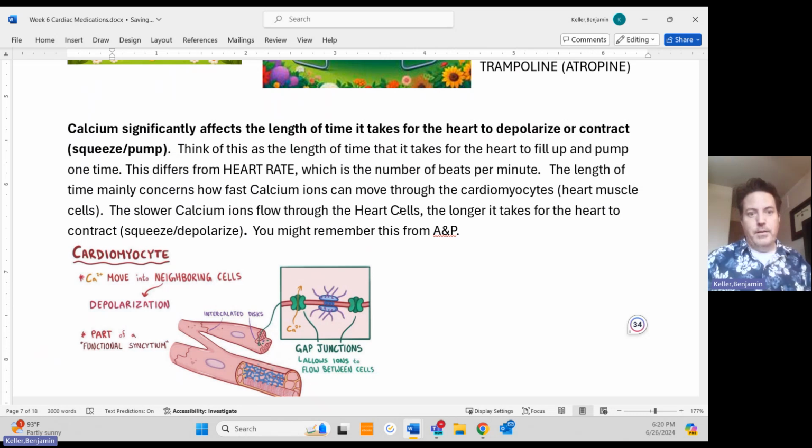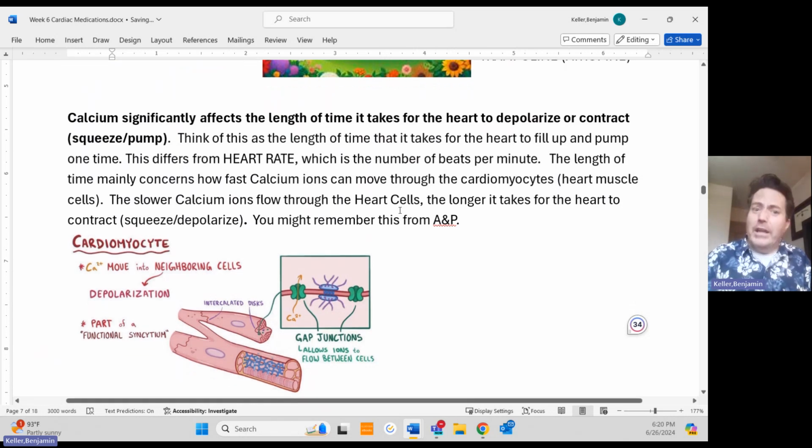That's what we're talking about here, is that pathway. How fast does that pathway work? If it goes too fast, then we can have things like VFib and other types of things that are no good. If it's too slow, we might have a bundle branch block, which is, again, not a good thing.